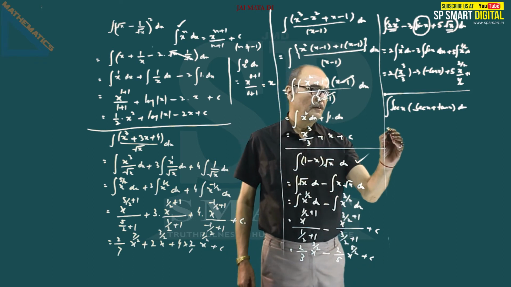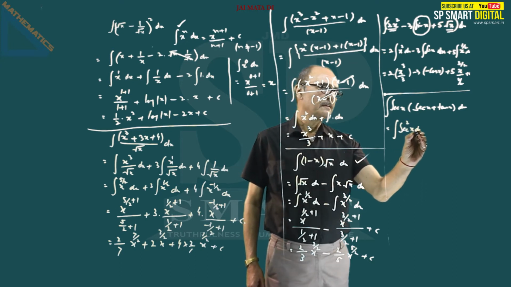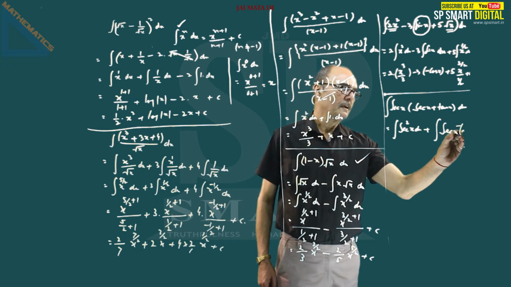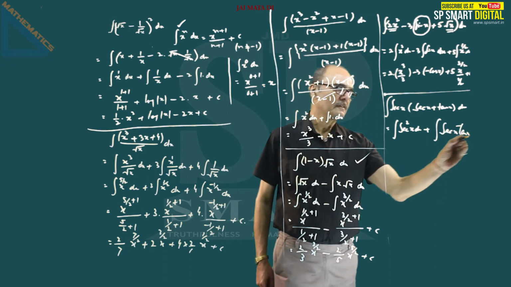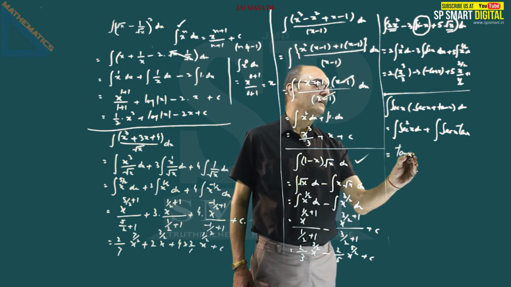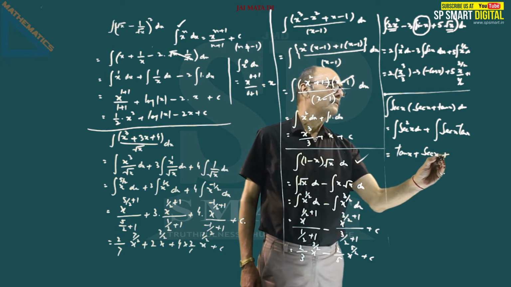Likewise, if you multiply secant x with secant x, we have the integral of secant square x d of x plus the integral of secant x tan of x d of x. So, this is tan of x plus secant of x plus constant c.